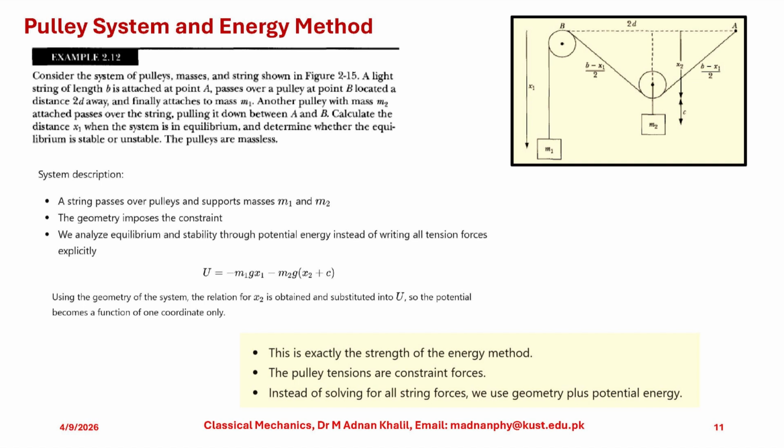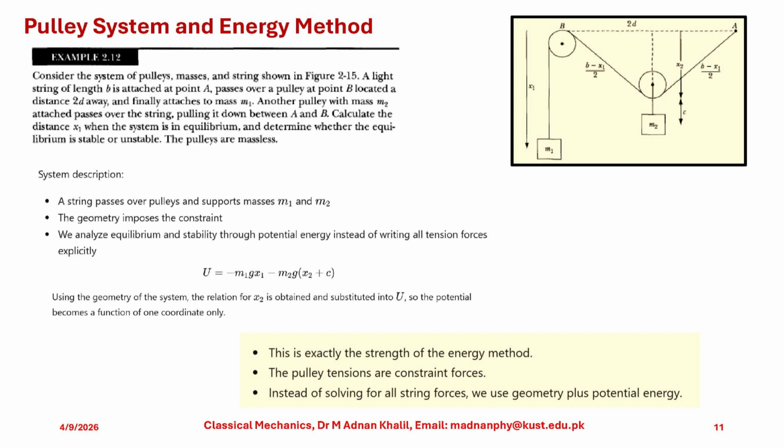The important idea is that instead of calculating all tensions explicitly, we use the geometry of the string to express one coordinate in terms of the other. Then the potential energy becomes a function of only one independent coordinate.